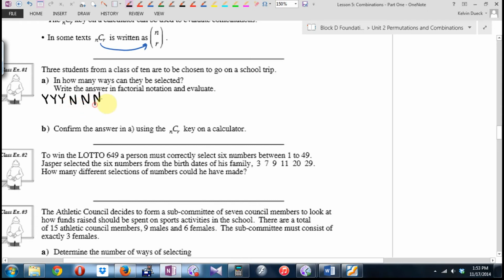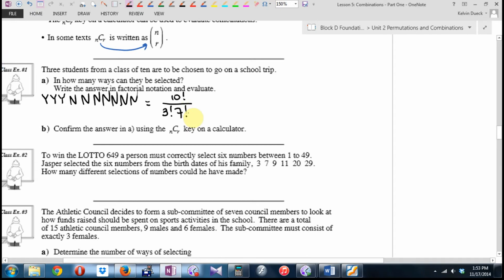N. How many letters in this word grand total? How many Y's? How many no's? So where it says write the answer in factorial notation, that's one way to do it.